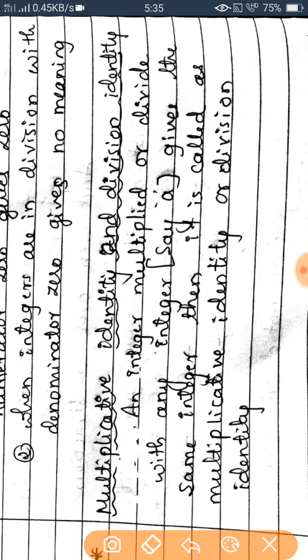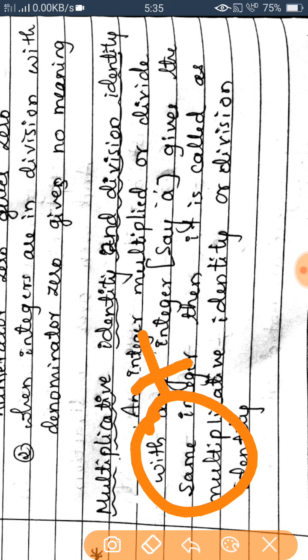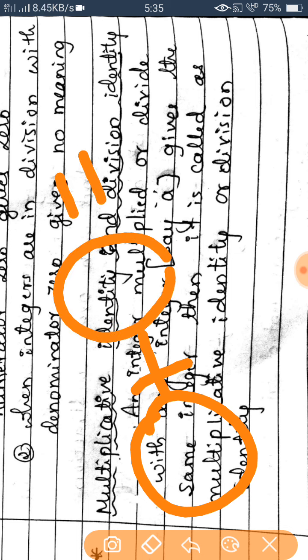Now multiplicative identity and division identity. What is the meaning of identity? Just now I have explained in the previous video the additive identity. Additive means we are going to add some number with some number and you must get the same number.